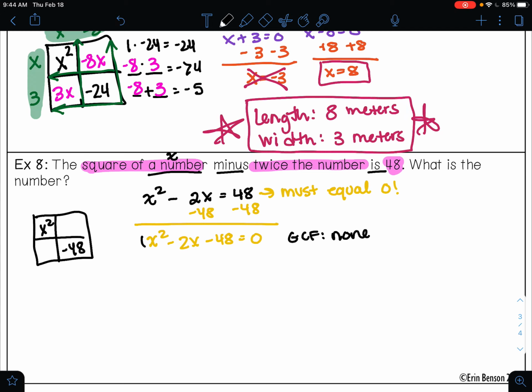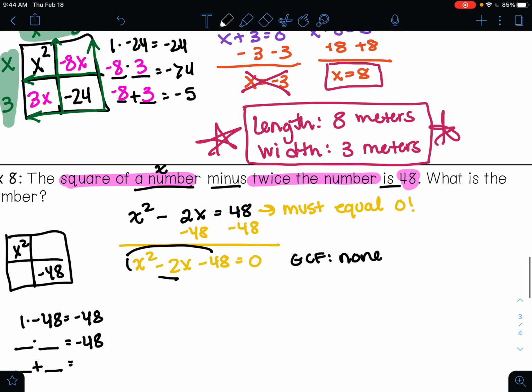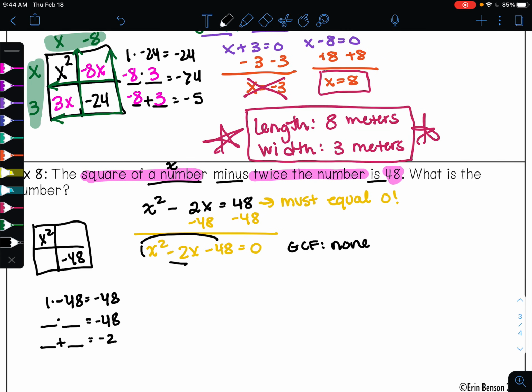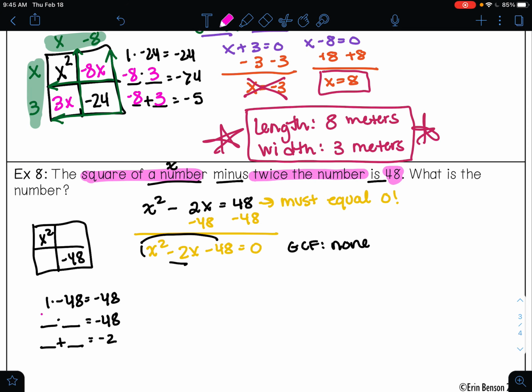You always want to multiply your first number by your last number. 1 times -48 is -48. So I'm looking for factors of -48 that add to my middle number of -2. And those two numbers are 6 and -8.